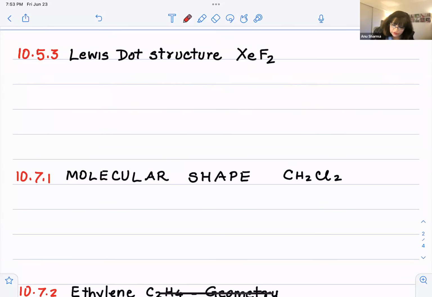Next is the Lewis structure of XeF2. Now in chemistry, you've been told that xenon does not make bonds. Xenon is a non-metal, but you can change the reaction conditions.